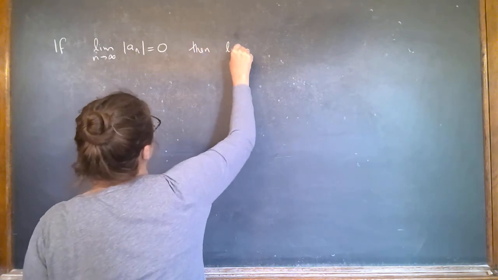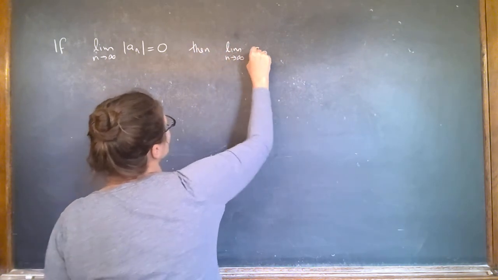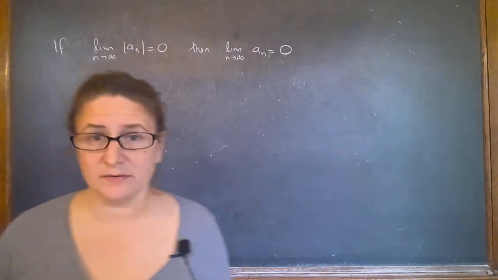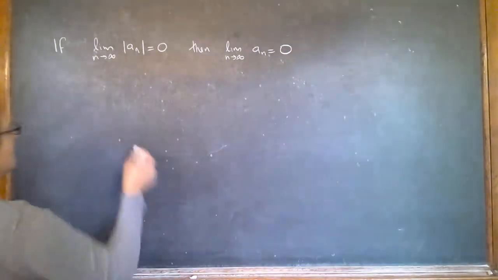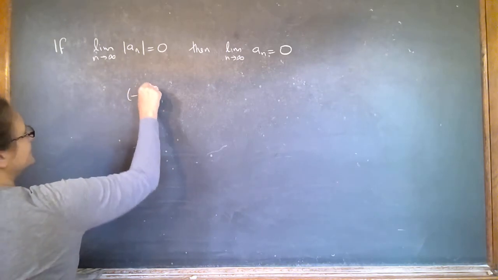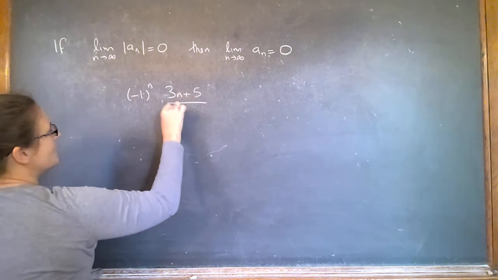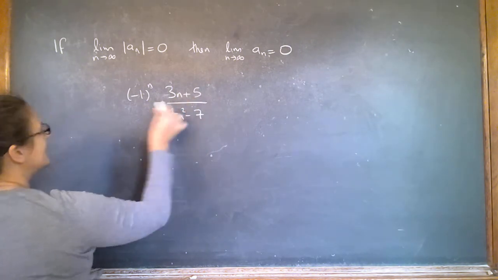We didn't write it this way, but we could have used this. So if you remember in a previous video, we had something like -1 to the n times 3n plus 5 over 4n squared minus 7.